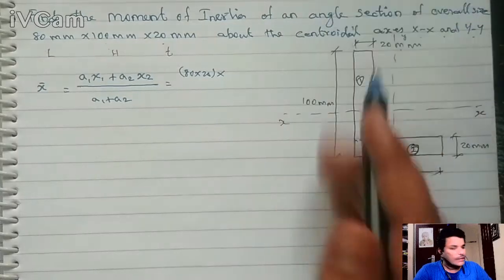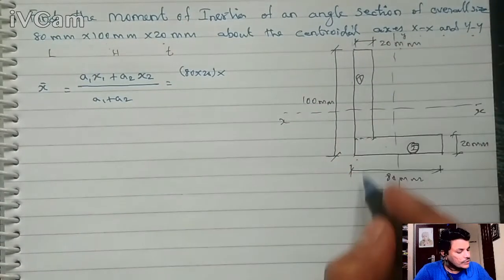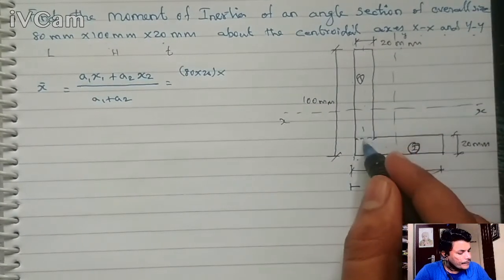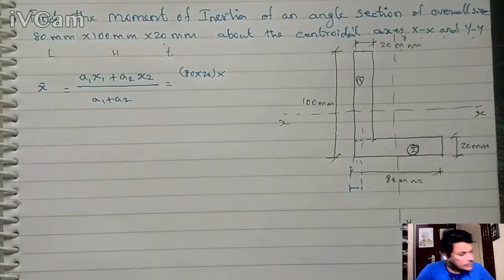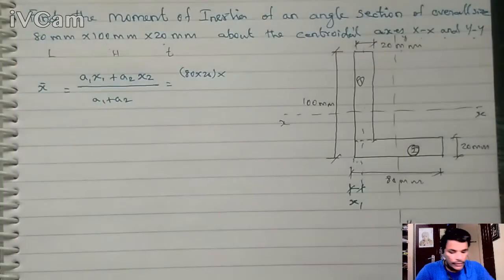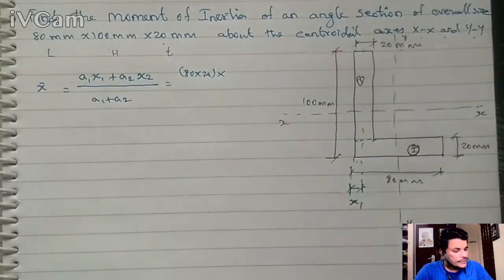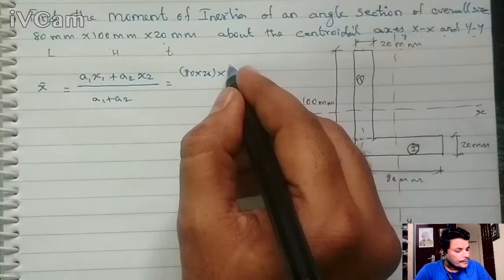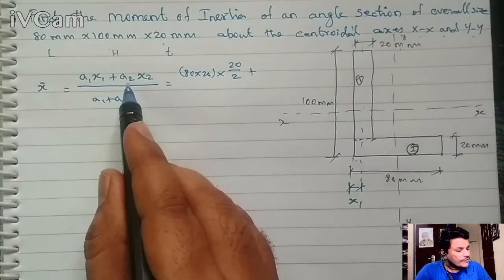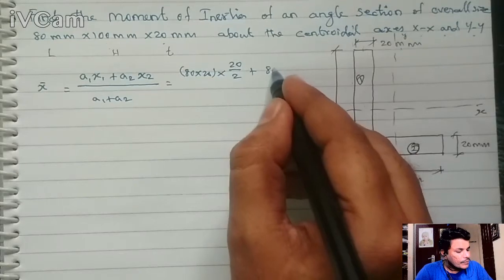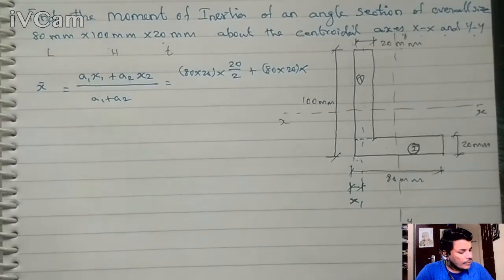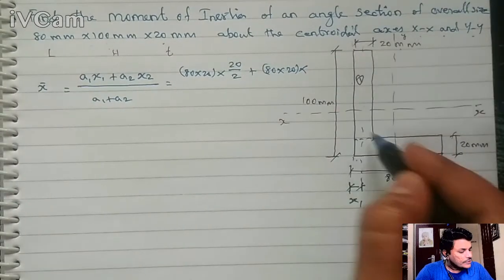In this case I am taking from the left. So this is x1, and the x1 value is 20 by 2, plus area A2, the area of the second section, 80 by 20, into x2, the centroid of the second section measured from the extreme left.